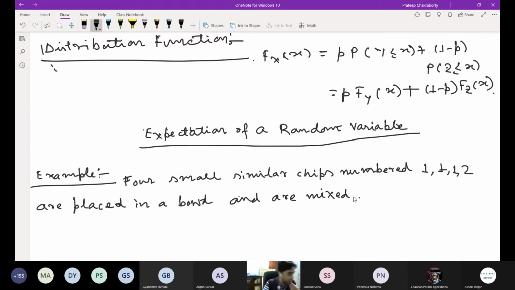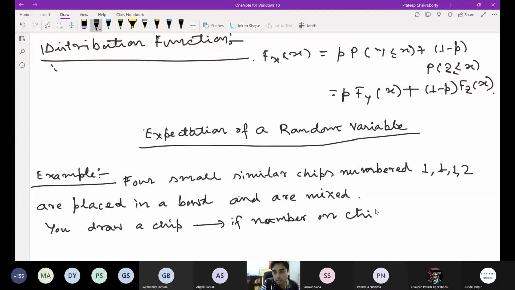Suppose you draw a chip. If the number on the chip is 1, you win 100 rupees. You can think of this 100 rupees as the random variable.